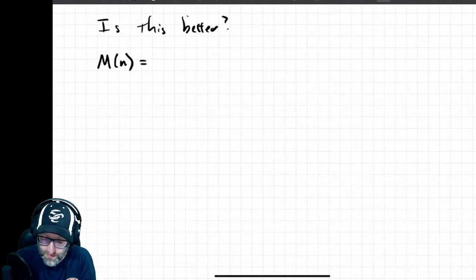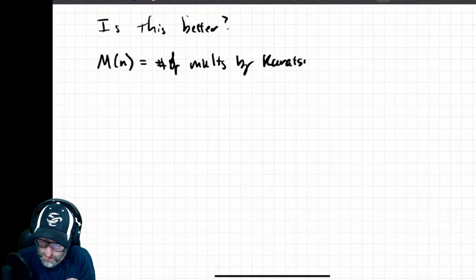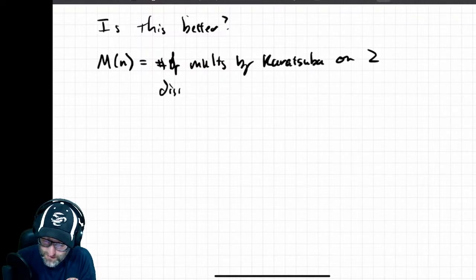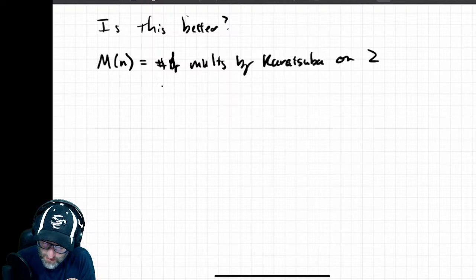M sub n is going to be the number of multiplications by Karatsuba on 2 n digit numbers.